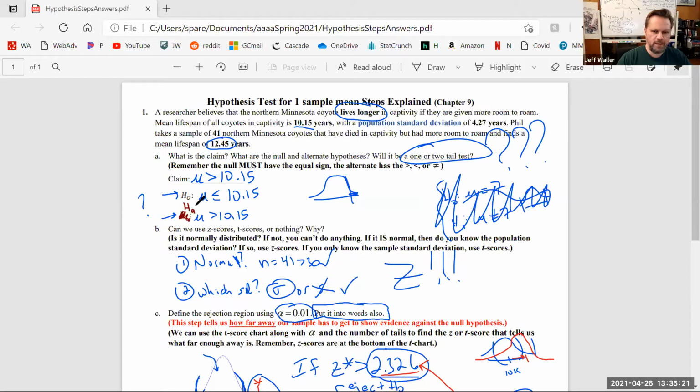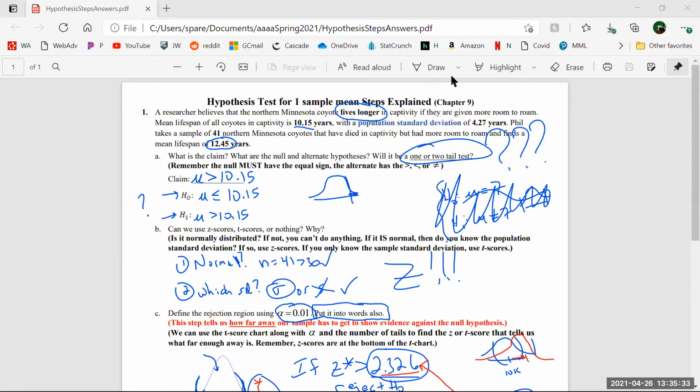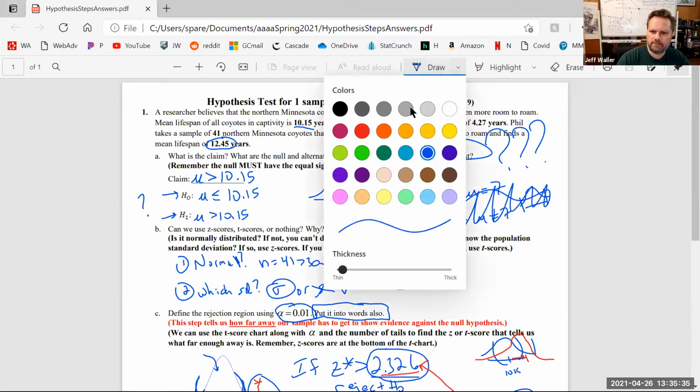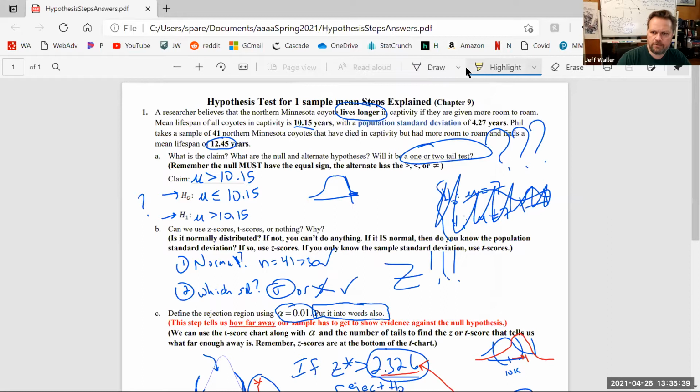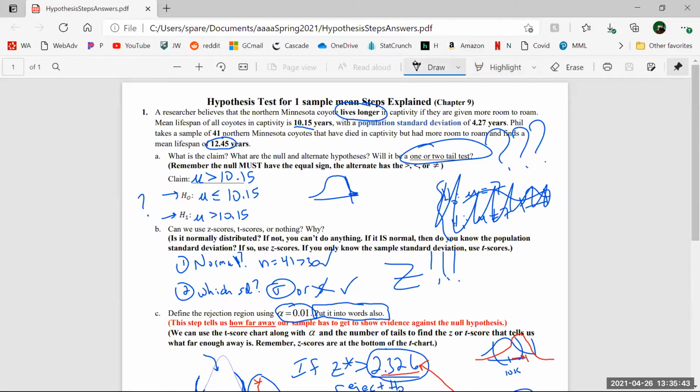Now, looking at this sheet, does this look familiar, about the coyotes and Phil? Well, why did I do it this way? That was kind of dumb. Anybody? I think we did finish it.